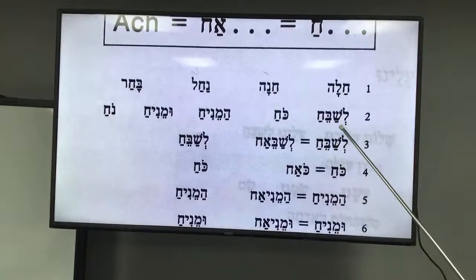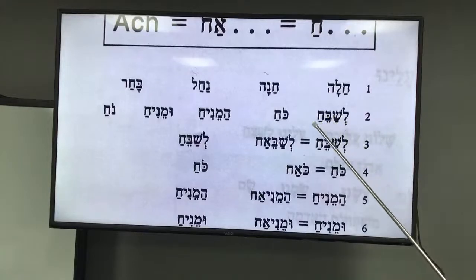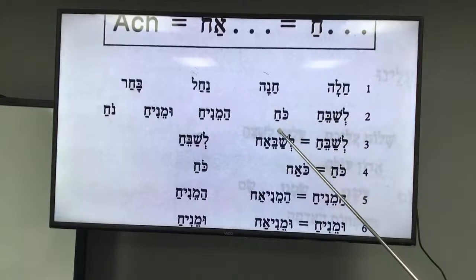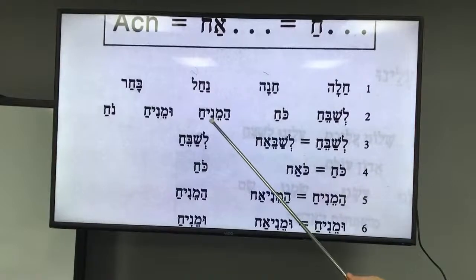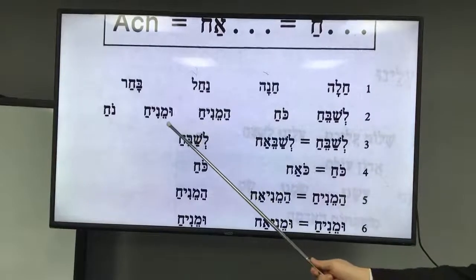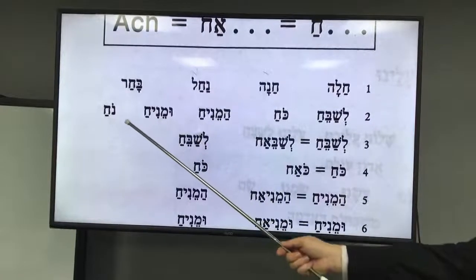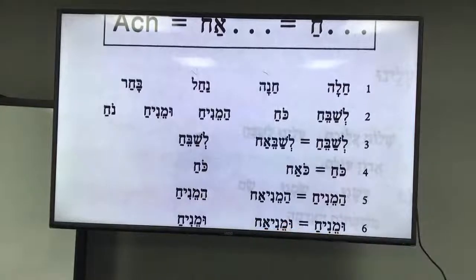Then it would be le shabech. In this case, it's le shabeach. Koach. Ha meniach. Umeniach. Noach. Noach is Noah, by the way.